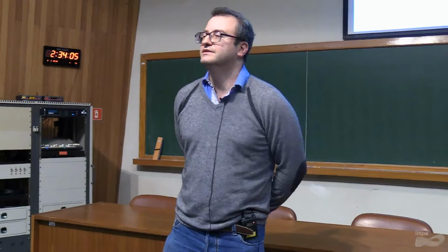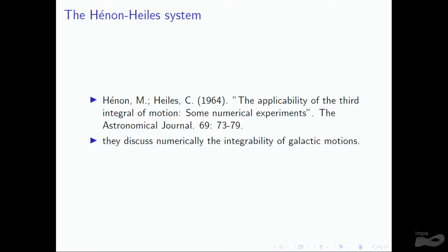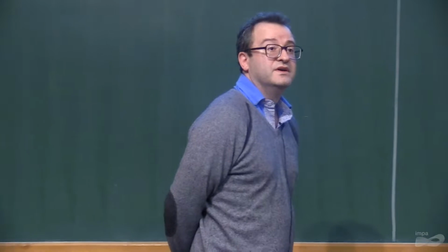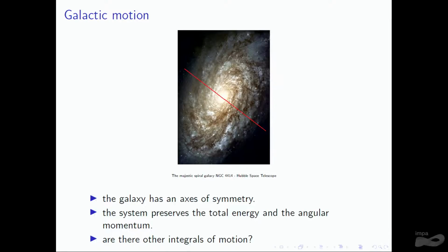They were discussing the possibility of the system being integrable, but they could do good numerics at that time to at least have very good evidence that this system is not integrable.